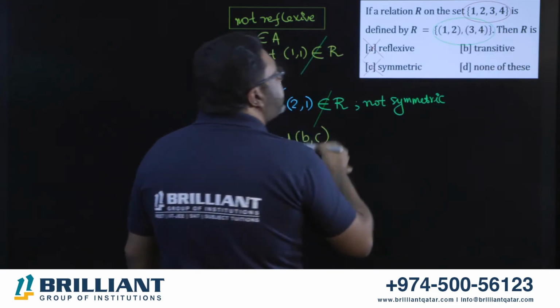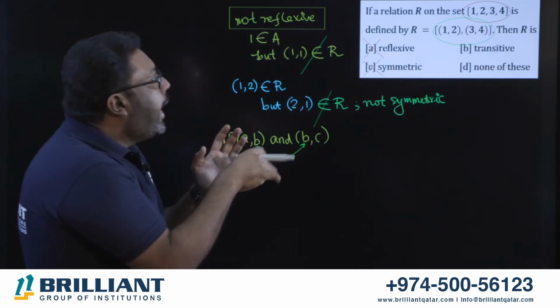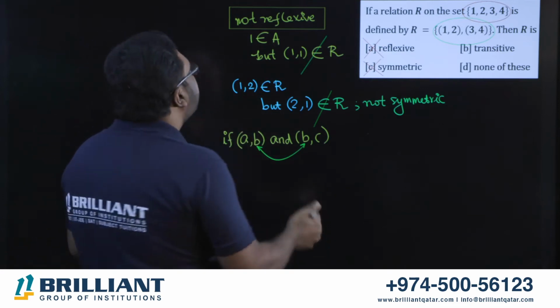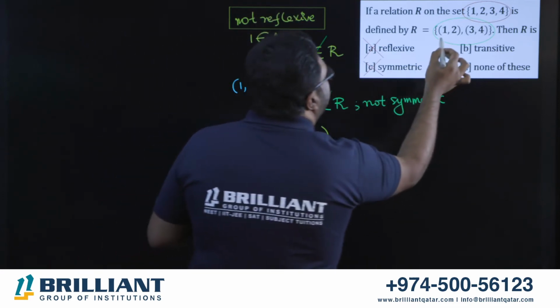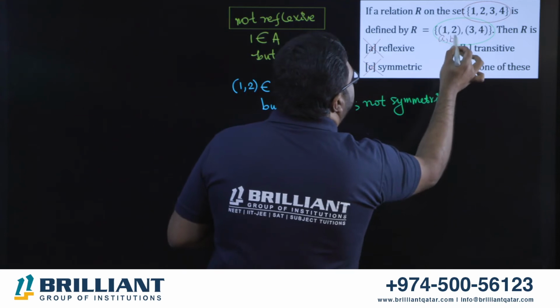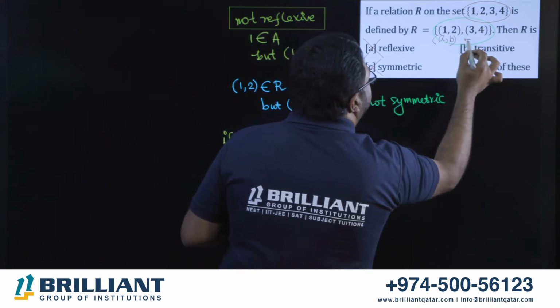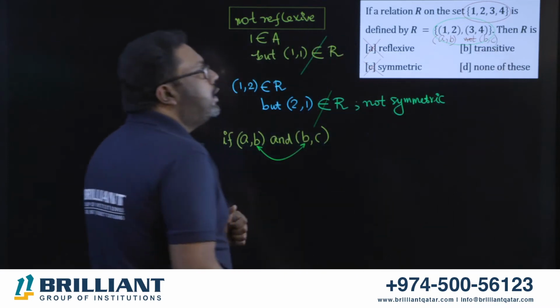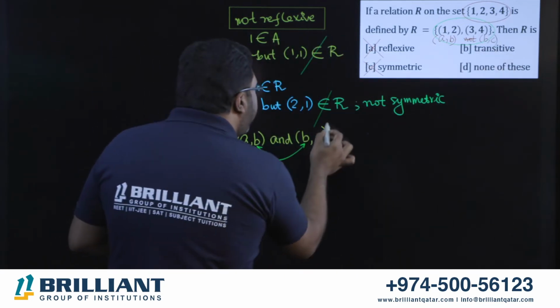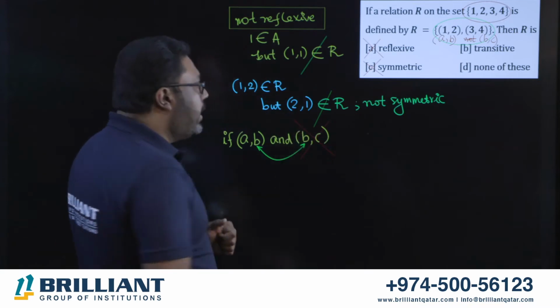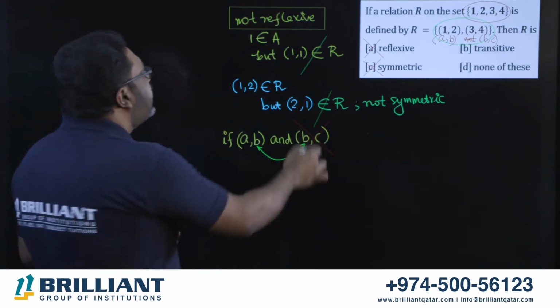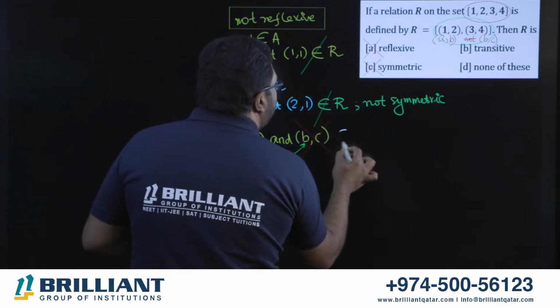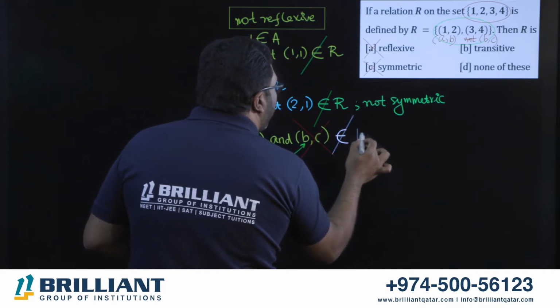I have a pair which looks like AB, but not BC. So BC does not belong to R.